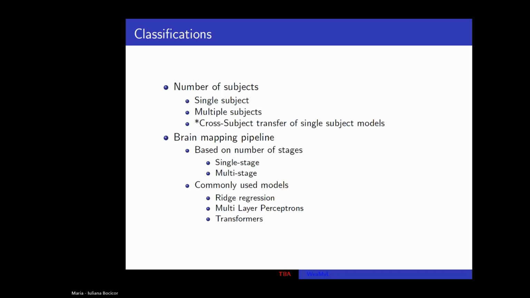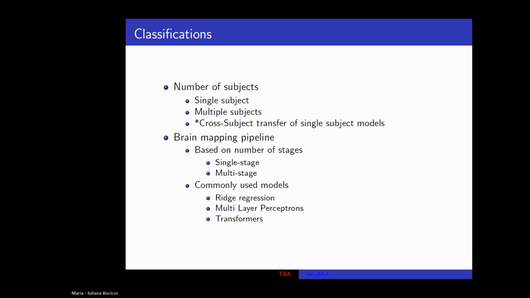Then another classification can be done based on the number of subjects. So we have single subject models and multiple subject models. What this means is that when I have a single subject model, I only train the model with the data from one subject. And when I have a multiple subject model, I try to aggregate together multiple subjects, or to scale in a way.